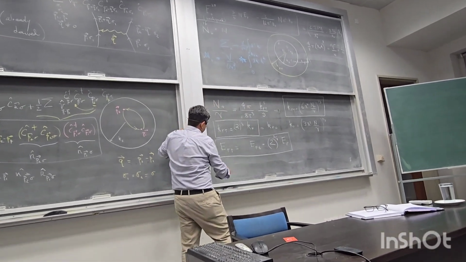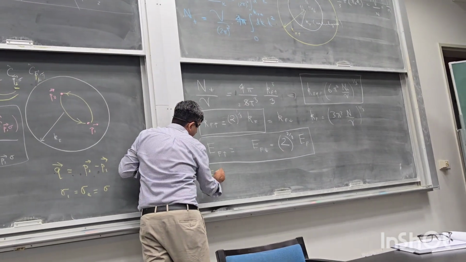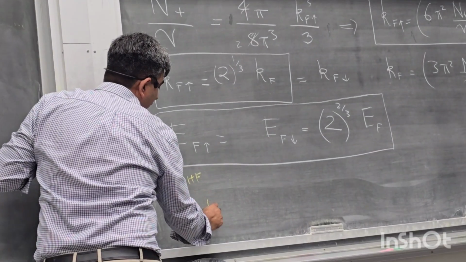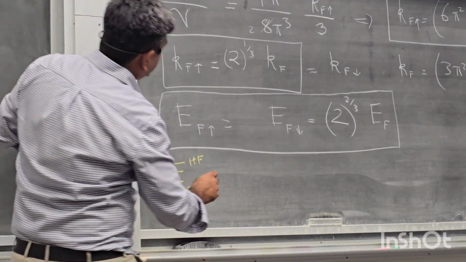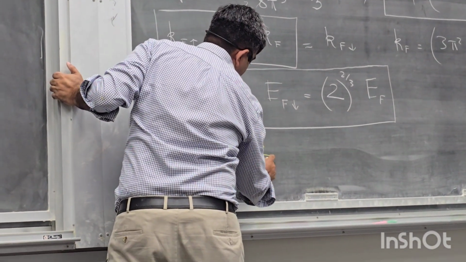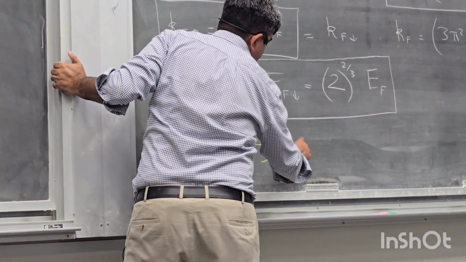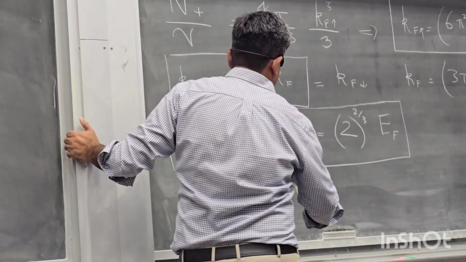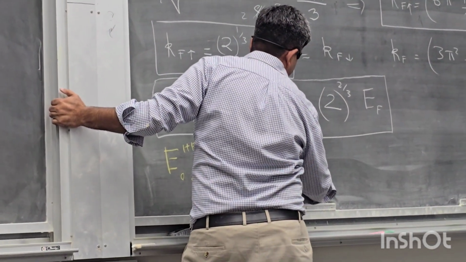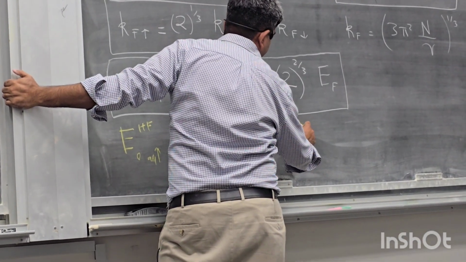So you will have, suppose, E naught HF for all of them aligned. That's going to be 3 over 5 n plus EF plus, which is EF multiplied by 2. Okay?